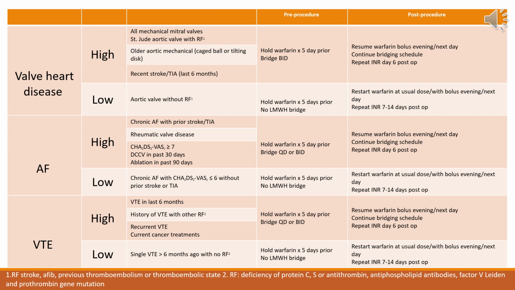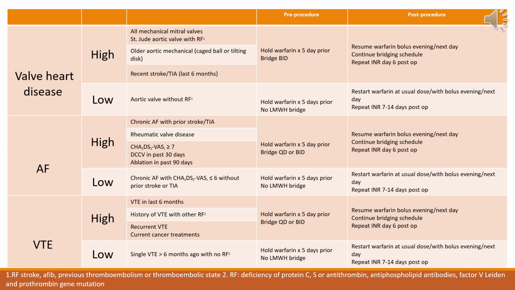You can see within the high risk for valvular disease, if patients have mechanical heart valves or a St. Jude aortic valve with risk factors pictured below, meaning stroke, AFib, previous VTE, thromboembolic state, etc. Or an older mechanical valve like a caged ball or tilting disc valve, and then stroke or TIA within the last 6 months. Those patients would require bridging. And you can see the bridging procedure outlined there.